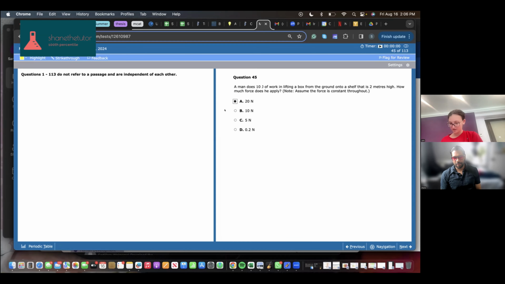I have that equation written. Yep. 10 joules of work, 10 J is equal to force times distance, which is 2. How much force is applied? 10 divided by 2, it's 5. Yep. Cool.